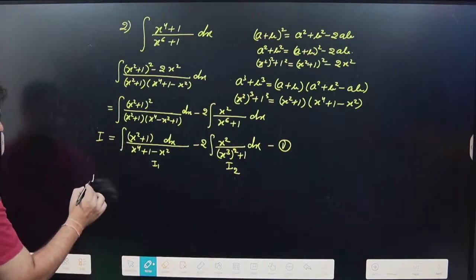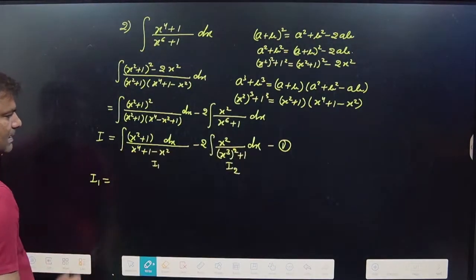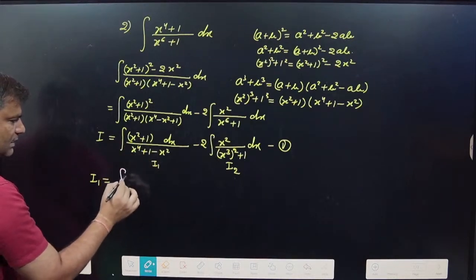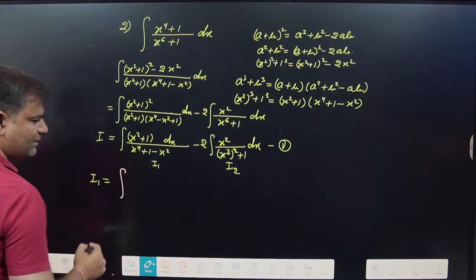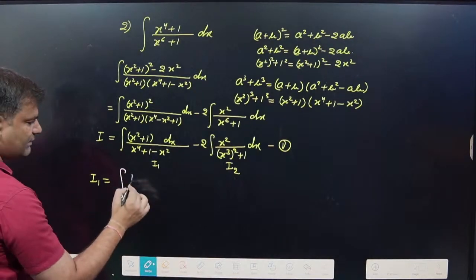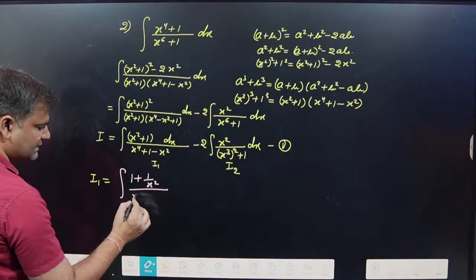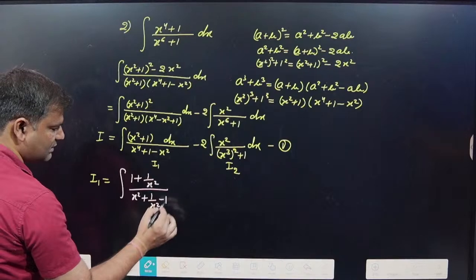We focus on I1: integration of x square plus 1 upon x to power 4 plus 1 minus x square. If we divide by x square, then we get 1 upon 1 by x square, so this is written as x square plus 1 by x square minus 1 into dx.